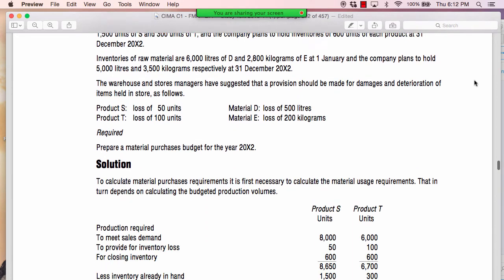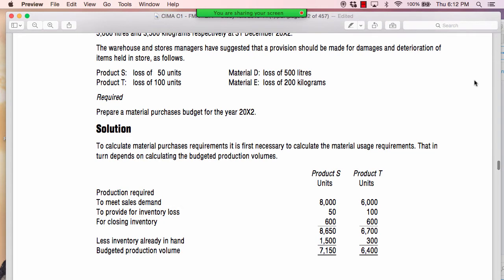Now let's go into the answer. First you need to find out how much you need to produce to meet the sales demand. To meet the sales demand, it's 8,000 and 6,000. First you look at the number of products, and you need to also consider the inventory loss.